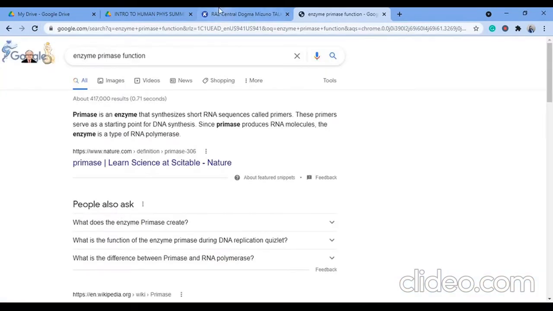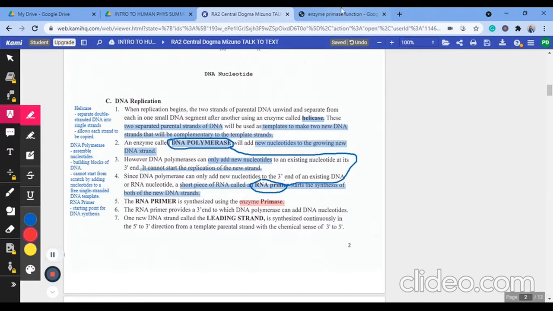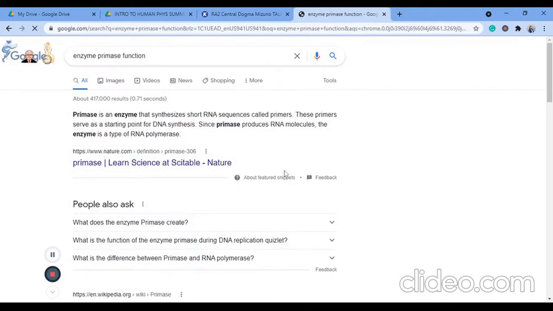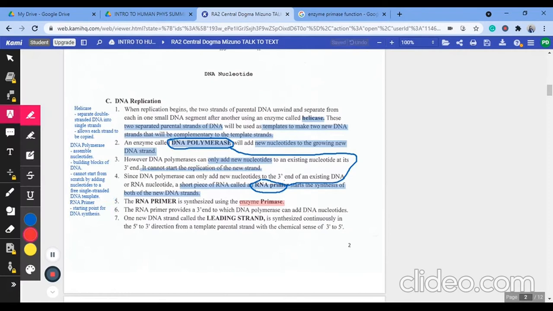Okay, it says here that primase is an enzyme that synthesizes short RNA sequences called primers. These primers serve as a starting point for DNA synthesis. Since primase produces RNA molecules, the enzyme is a type of RNA polymerase. Oh, okay, got it.